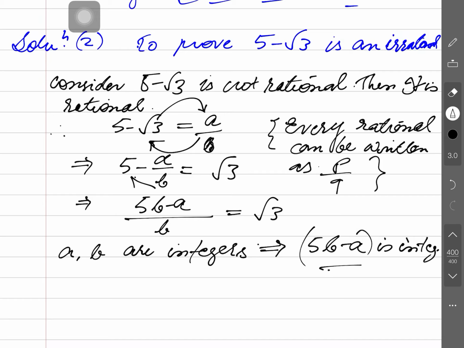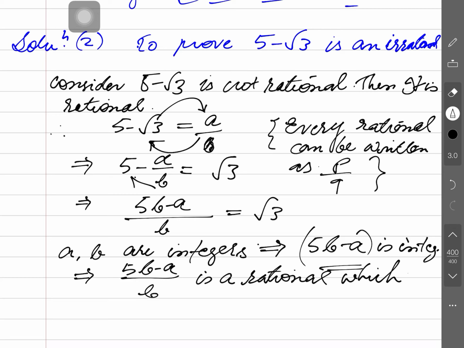This is an integer because 5 is an integer, b is an integer, and an integer multiplied by an integer gives an integer, and again subtracting an integer gives an integer. So 5b minus a divided by b is rational. Why is it rational? Obviously, the numerator is an integer and the denominator is an integer. So integer upon integer is rational.